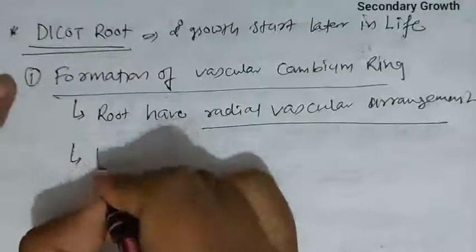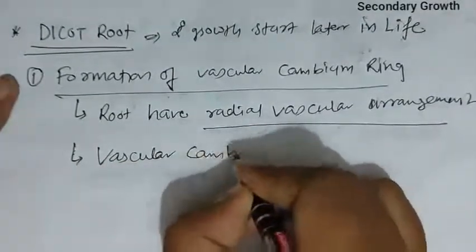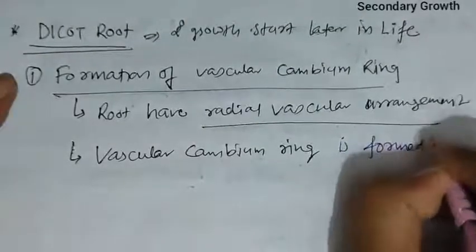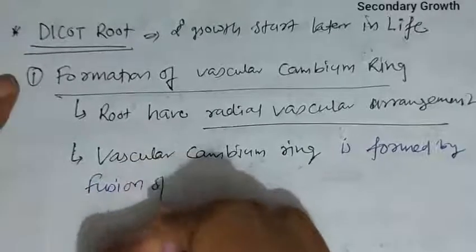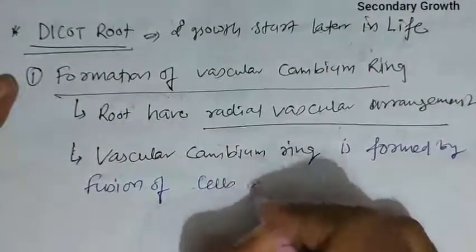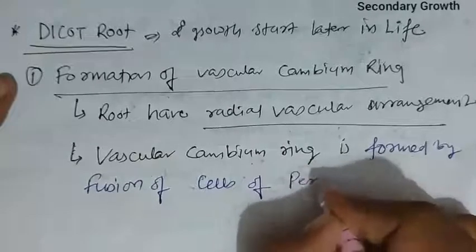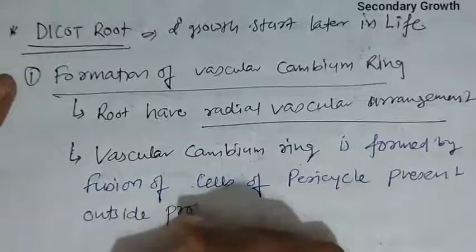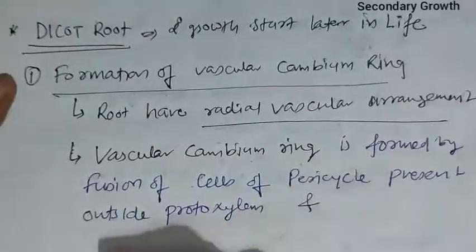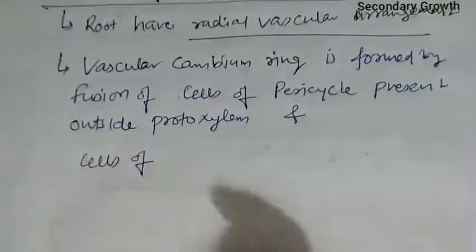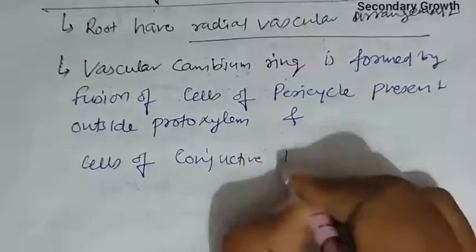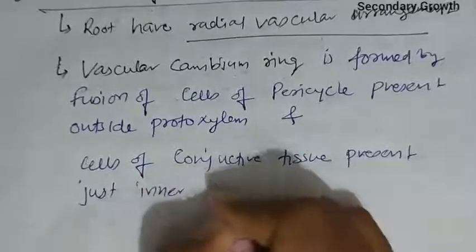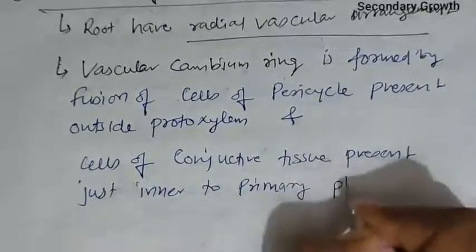So this vascular cambium ring is formed by fusion of cells of pericycle present outside protoxylem and cells of conjunctive tissue present just inner to primary phloem.